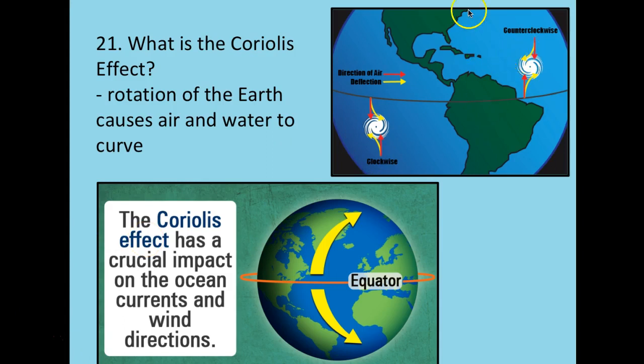So if you have movement of fluids coming from the poles, it's going to move in this kind of direction towards the equator, and if it's coming from the direction of the equator, it's going to be moving up like that to the right. And then in the southern hemisphere, if you have fluids, air or water, that are moving in a straight direction going up, then it's going to be turning to the left.